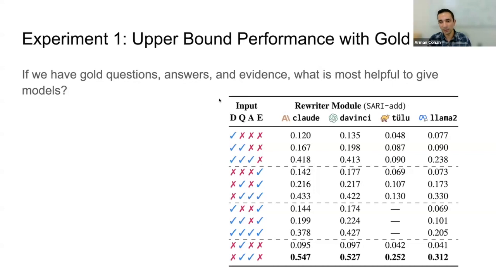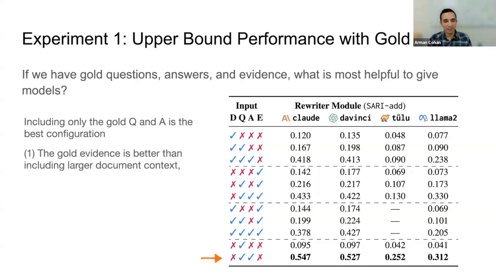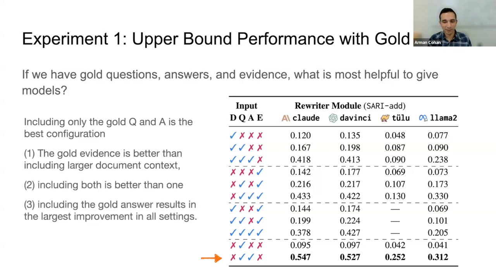And then we explored different models. And what we found is, interestingly, just giving the model the question and answer yields the best results. And if you give the model other stuff, like the full document, the evidence, the performance actually is not as good. And it seems that the models are not very good at navigating a very long context.